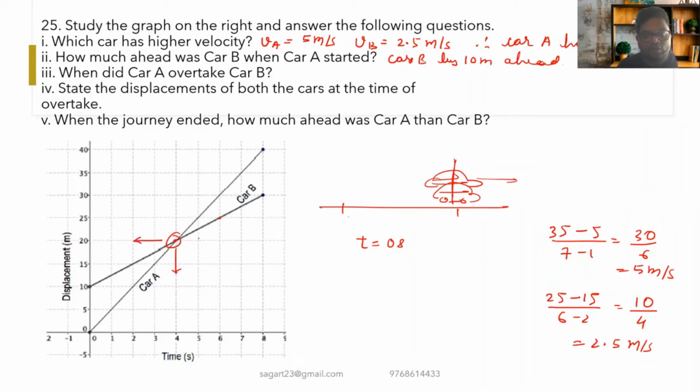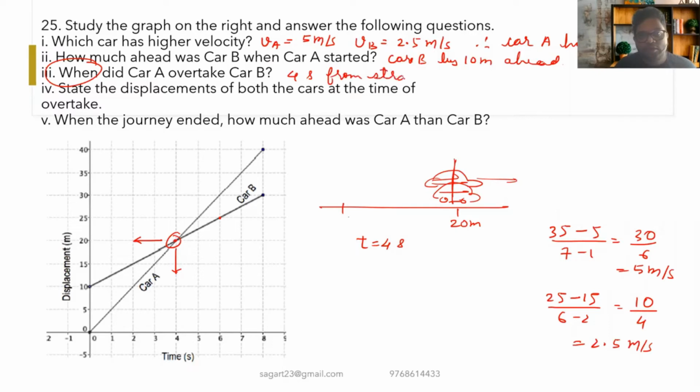So this is when time is equal to 4 seconds and the distance was 20 meters. If a picture is taken at that time, both the cars will be seen together. So the answer is 4 seconds from start.